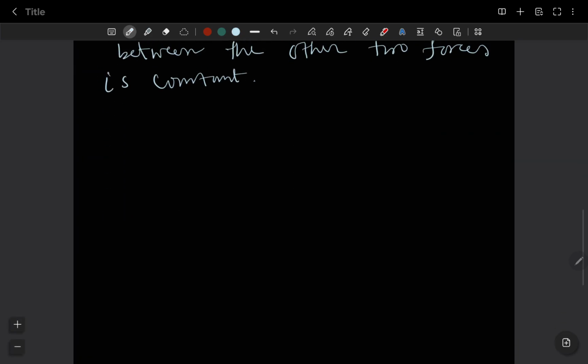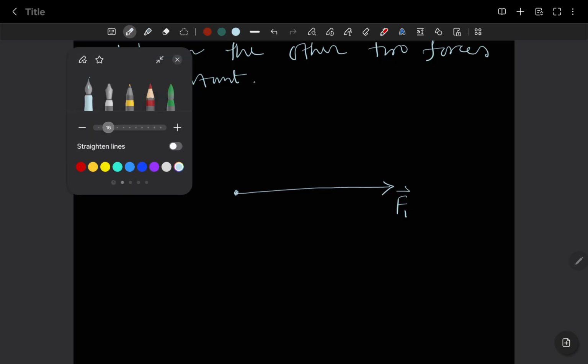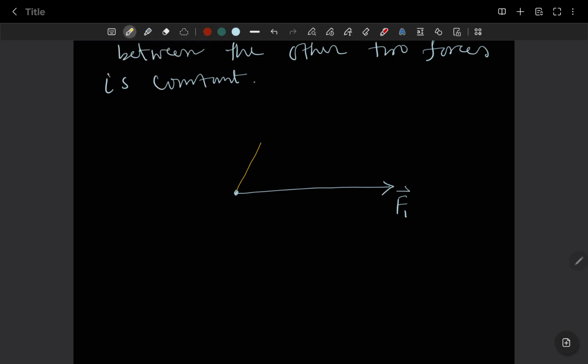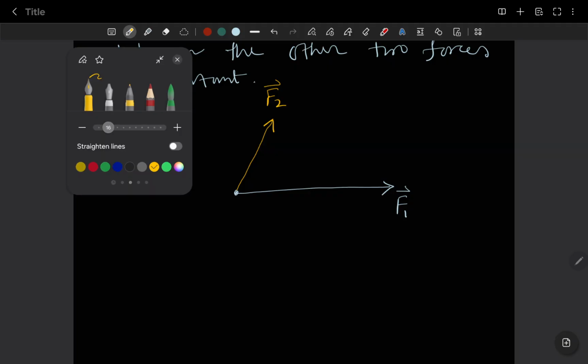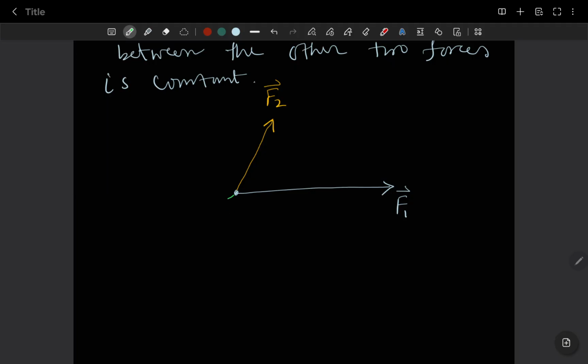Let us discuss Lami's theorem. Suppose there are three forces: one force is F1, one force is F2, and another force is F3.